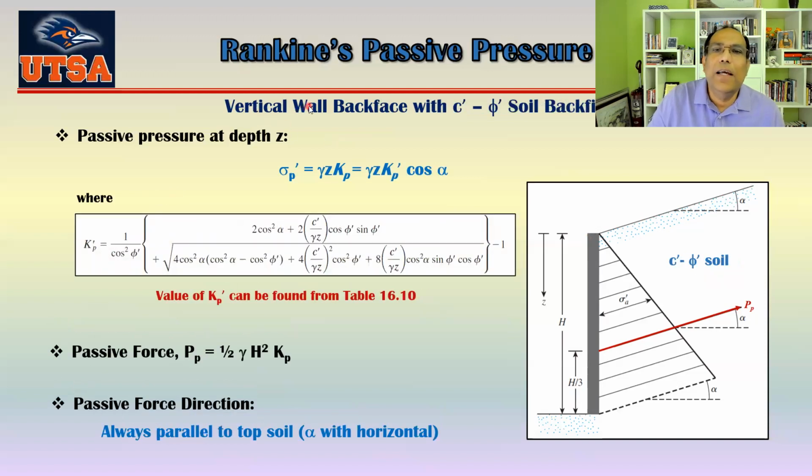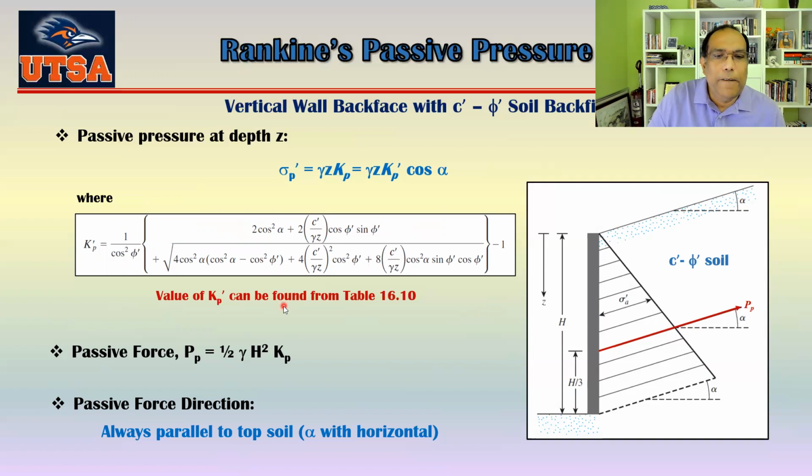Now vertical wall backface with CP soil. The other one was granular soil. Now we are talking about CP soil. You can see the passive pressure is gamma Z Kp prime cosine alpha. This is a little bit different from the equation we have been using.